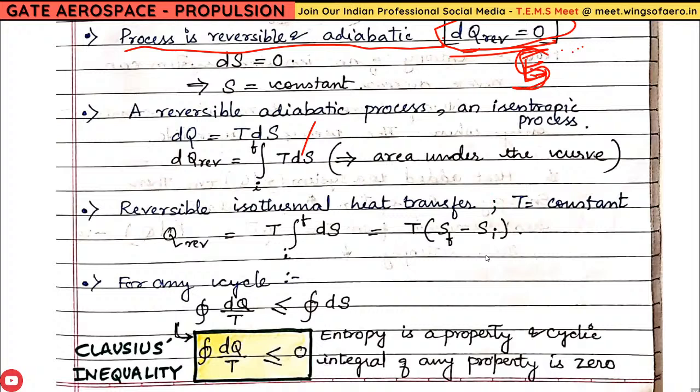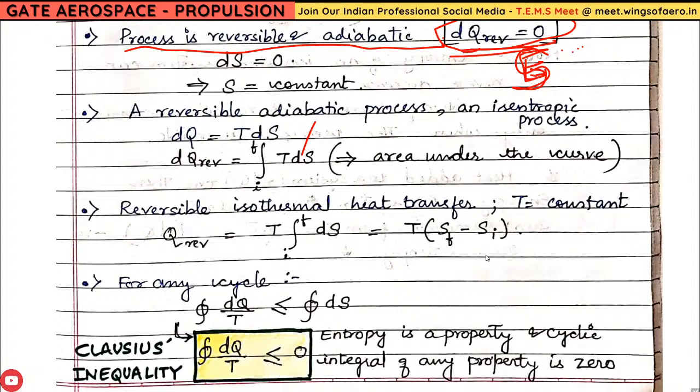Please keep that in mind when we go for the thermodynamic cycle for our gas turbine engines and all. This concept will again play a very important role. Where the entropy will be constant, where the other properties will become constant, that is very important.